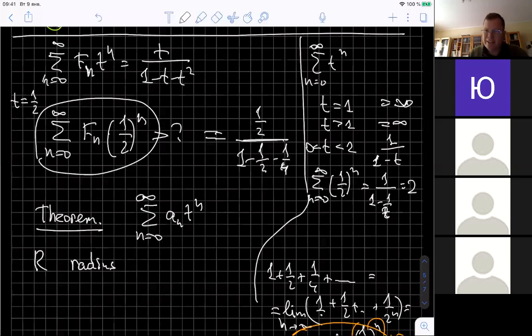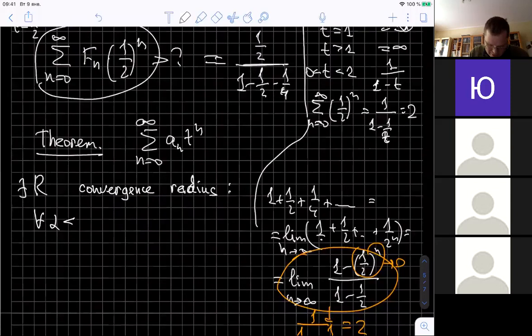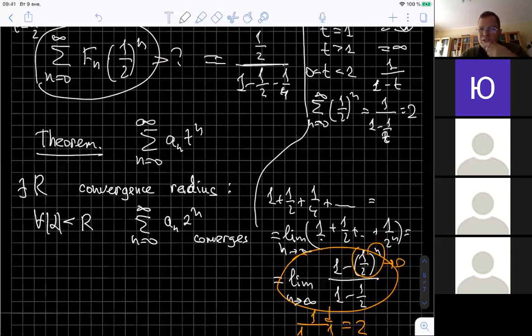Do we have something like that in the calculus course or no? So you don't have this theorem in the calculus course, yeah?